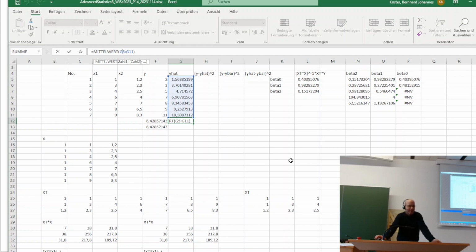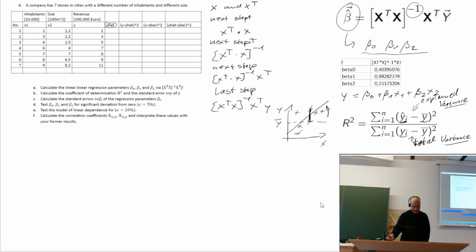Well, and if you remember when we introduced the regression, then we said that the average of our data points has to lie on the regression line. Remember in the simple case, we had that y bar is a plus b x bar.